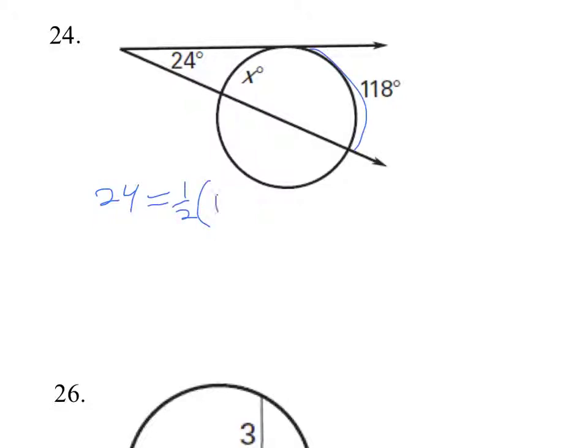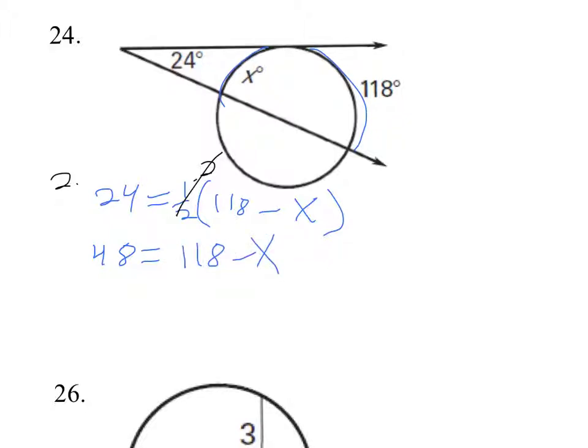Outside arc is 118 minus inside arc is X. Has to be in that order. Again, I'm going to multiply both sides by 2. 2 times 24 is 48. And on the right side, 118 minus X is all we have. There's no parentheses anymore. Okay, I would subtract 118 from both sides.